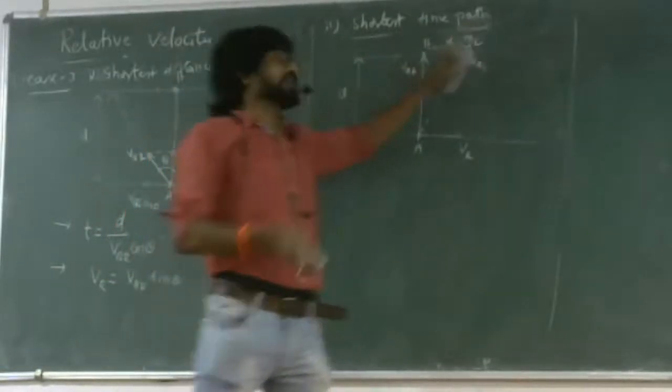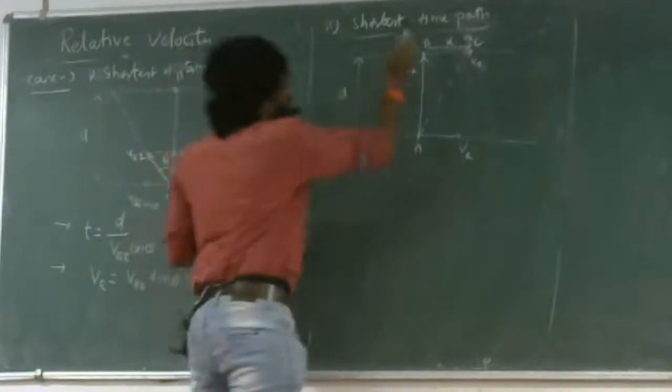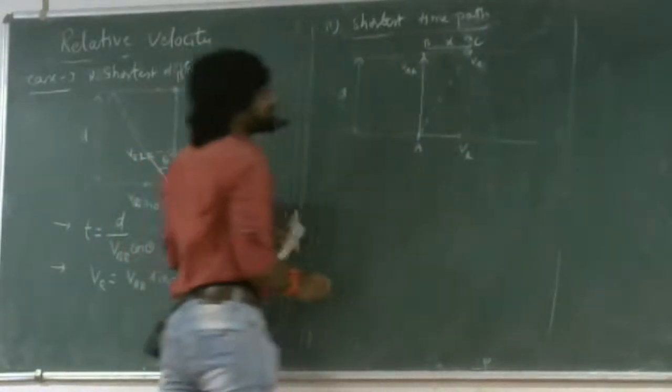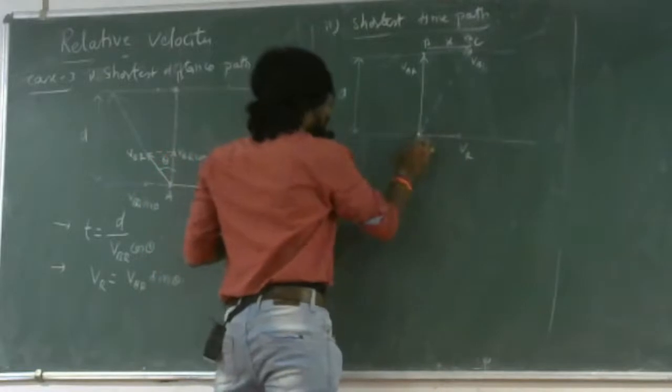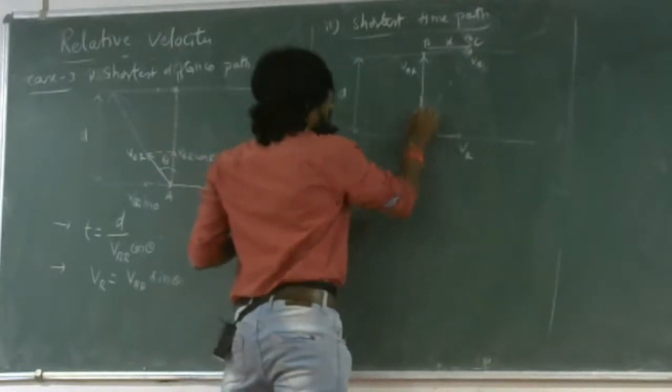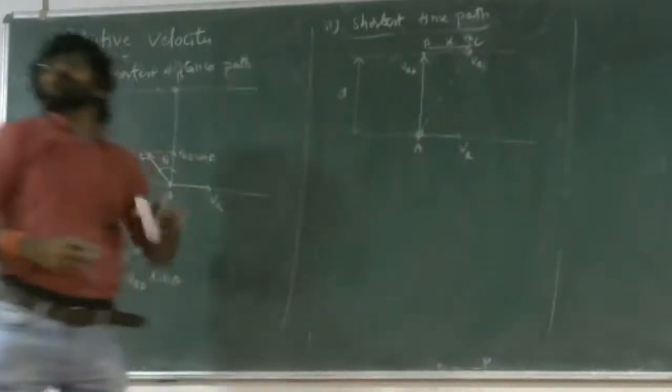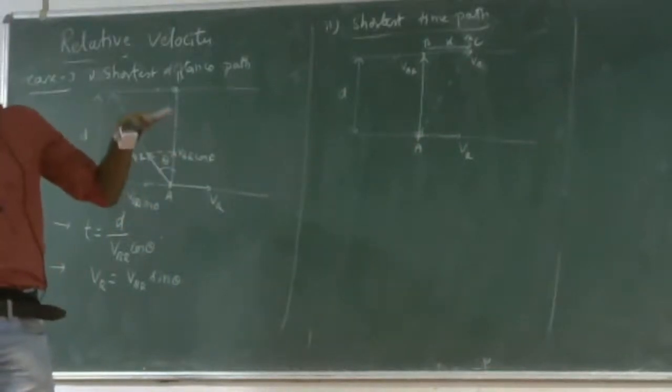So in the shortest time path, the boat or the swimmer has to start its journey perpendicular to the river flow. That condition I have to remember.